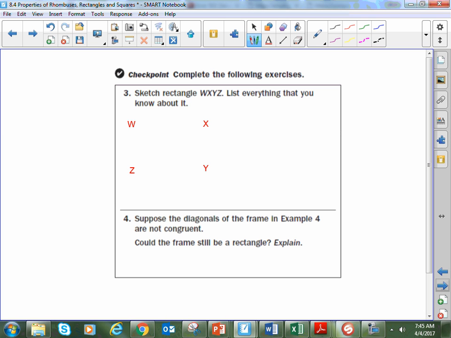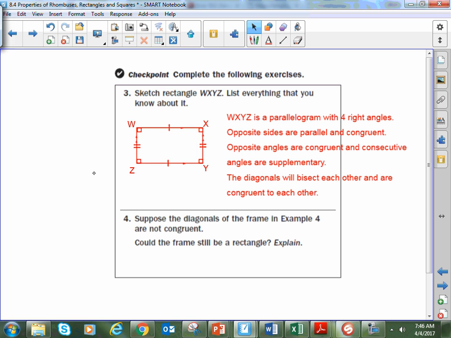All right. So hopefully we have a couple of good answers by now. First thing here: sketch rectangle WXYZ and list everything that I know about it. Here I have WXYZ, and it's hard to see, but I have little arrows indicating that those opposite sides are parallel.